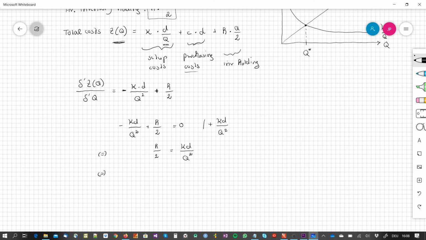Now what we can do is take the inverse, because we want to find out the optimal order quantity. So we want to isolate Q. Then we take K multiplied by D on the other side, on the left-hand side.